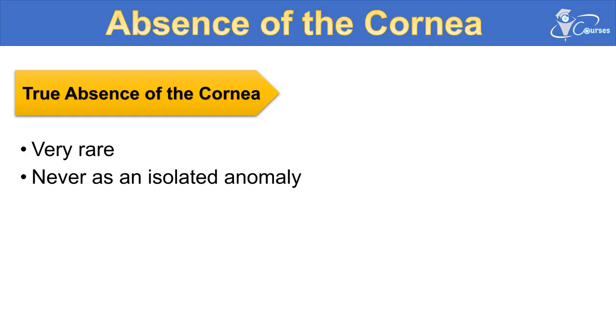For example, it could be associated with congenital aphakia or abnormalities of other anterior segment structures, including the iris. Sometimes even anophthalmos, a total absence of the eye, can be present. So this is the extreme example, where part of the anterior segment or the eye is not present. It is called the true absence of the cornea.